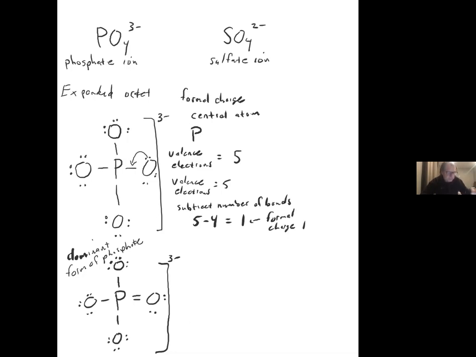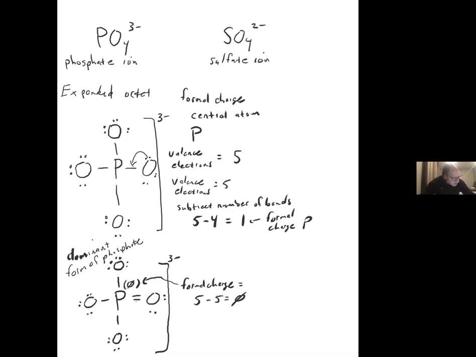on the phosphorus. If that is not equal to 0, push 1 pair over to give it another bond. So look what happens. If I push this pair over to give another bond, now your formal charge would be equal to 5 valence electrons minus the number of bonds, you get 0. So I'm going to write a little 0 here to indicate that the formal charge is 0 on that phosphorus.